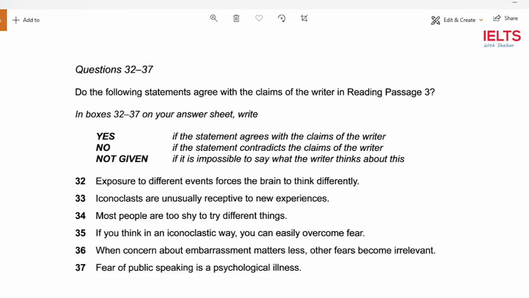That means the writers of the articles have their personal opinion. So we have these yes, no, or not given. So yes, completely with, no, against, and of course not given, no information or extra information. And this will be, inshallah, explained in detail.